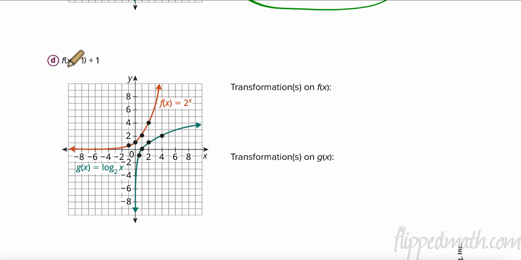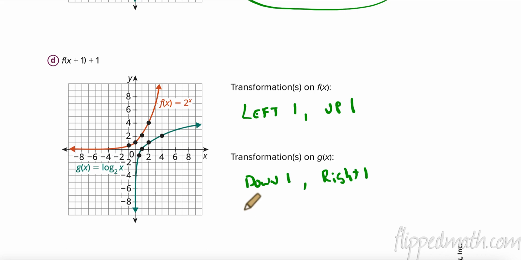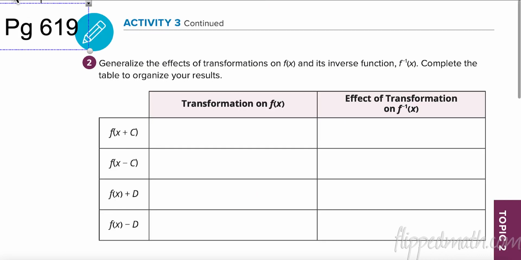So this is going to say left 1 and up 1. So that means my x becomes my y, down 1, and my y becomes my x, right 1. Okay?